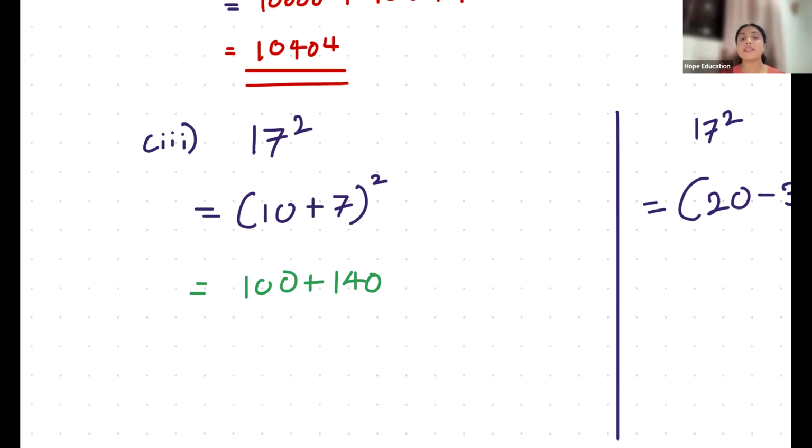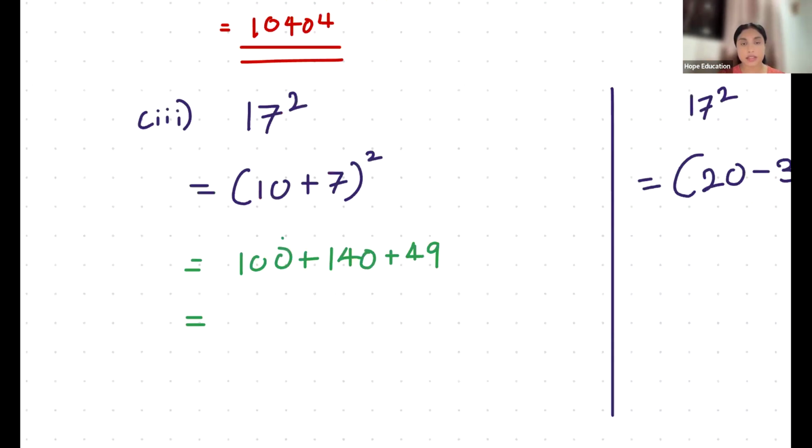Then we get the square of the second term. Second term is 7. The square of 7 is 49. It is plus, so plus times plus answer is also plus. Then you add: 0 plus 0 is 0, 0 plus 9 is 9, 0 plus 4 is 4, 4 plus 4 is 8, 1 plus 1 is 2. That is 289. I will show this method as well.